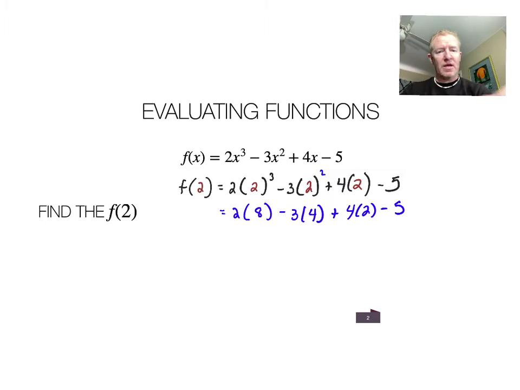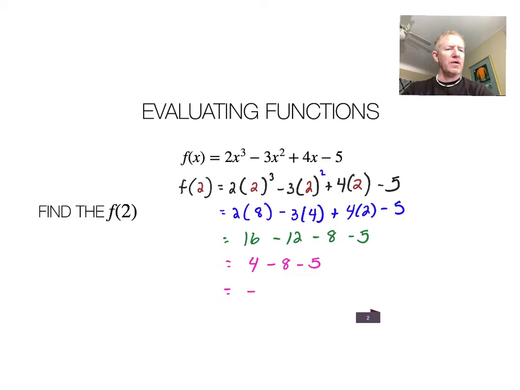Then we'll carry out our multiplications. So that is 16, 3 times 4 is 12, 4 times 2 is 8, minus 5. And then lastly, we'll add and subtract going from left to right. So 16 minus 12 is 4. 4 minus 8 is negative 4.